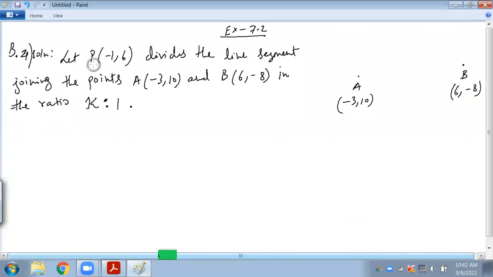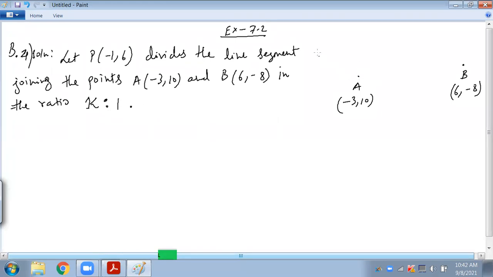So we'll write: let P divide the line segment joining A and B in the ratio k is to 1. If you are asked to find the ratio, don't take m is to n, take k is to 1, then it will become easy.